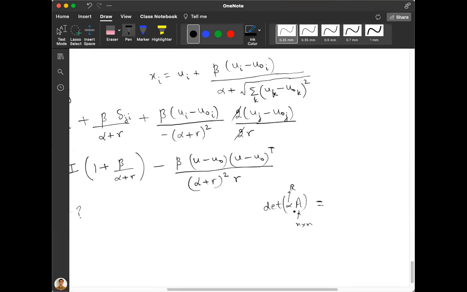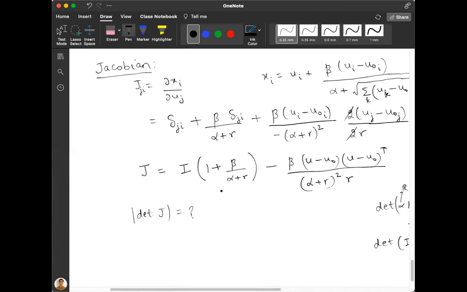Alpha to the power n times the determinant of A. Very good. And we have discussed the Sylvester identity, which is determinant of I plus AB is equal to determinant of I plus BA. These two things I'll be using.